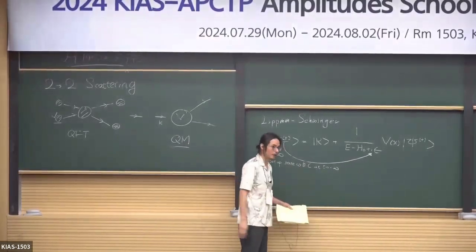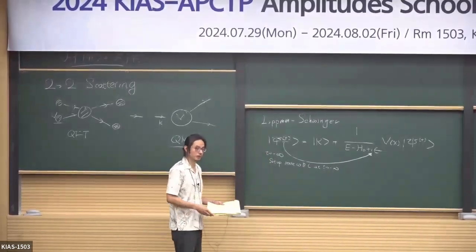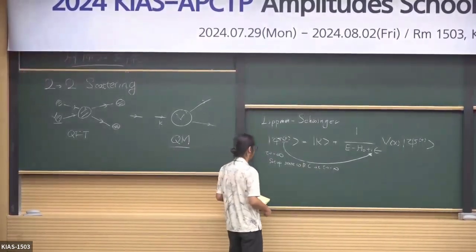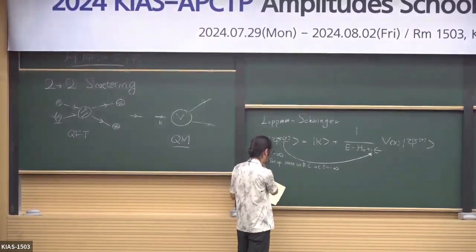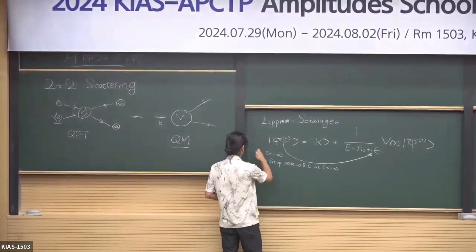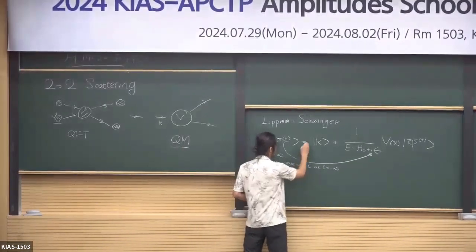Okay, again, everybody knows this, so I'm just reviewing things that you've learned in quantum mechanics. In quantum mechanics you will solve this, and of course you want to look at the position space form of this wave function. So we sandwich it with x.